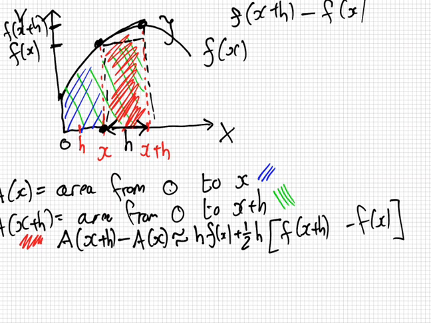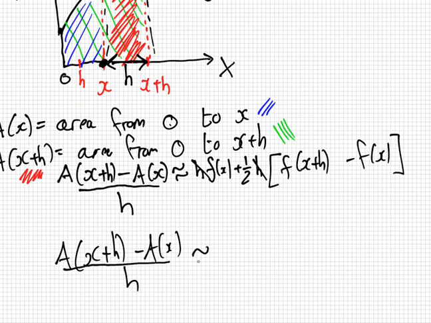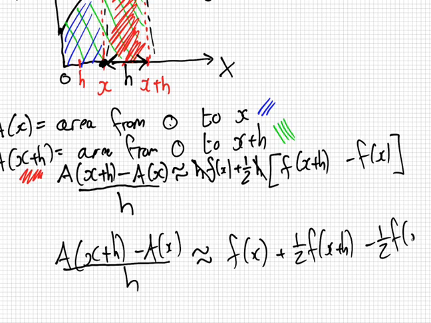Okay, I'm going to divide both sides here by h. So what happens is these two go, and I'm left with this. A(x+h) minus A(x) all over h is roughly equal to f(x) plus a half f(x+h) minus a half f(x).